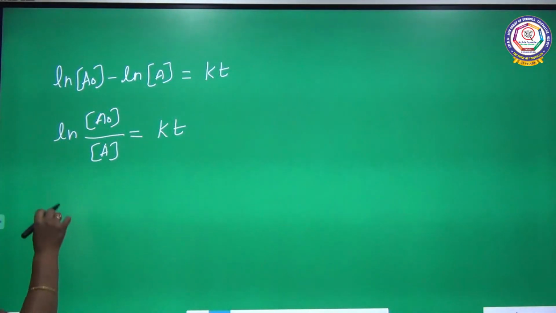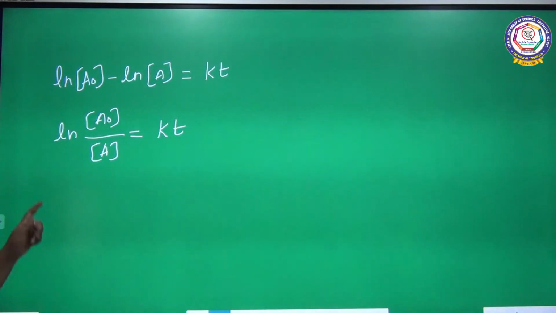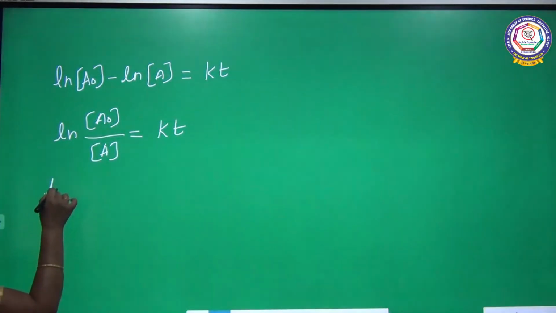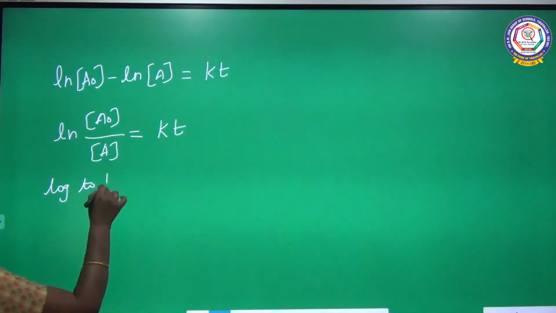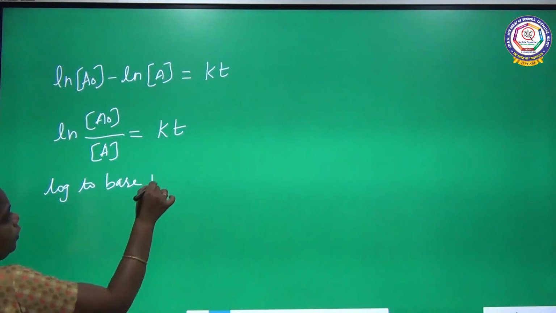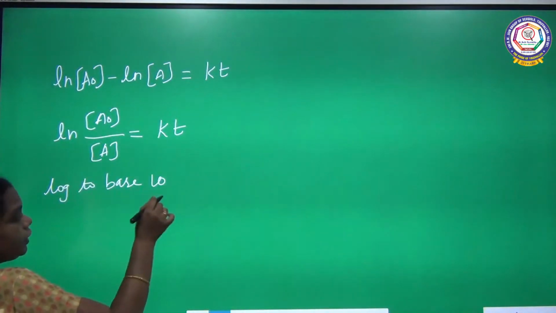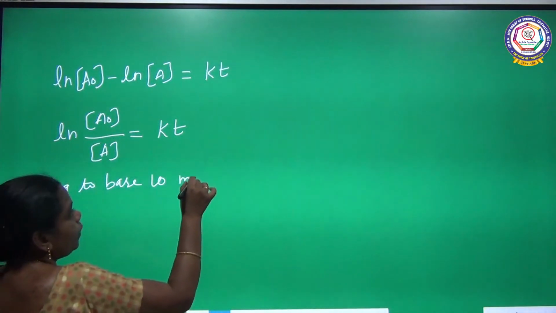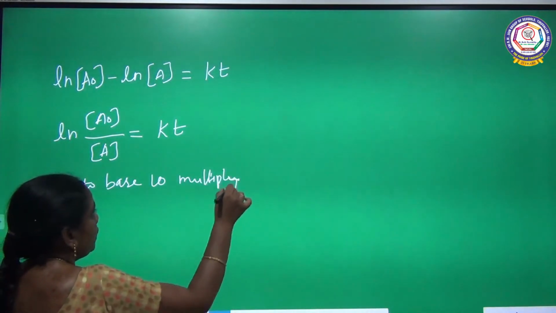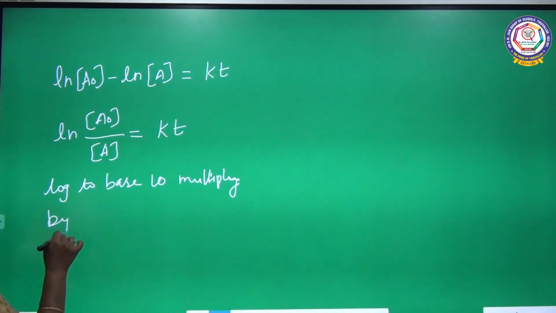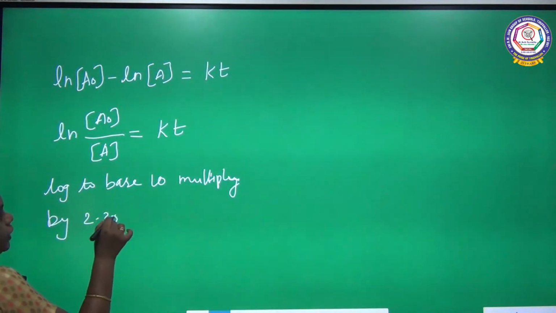So the above equation is in the form of natural logarithm. We want to change it into logarithm to the base 10. For that you multiply by 2.303.